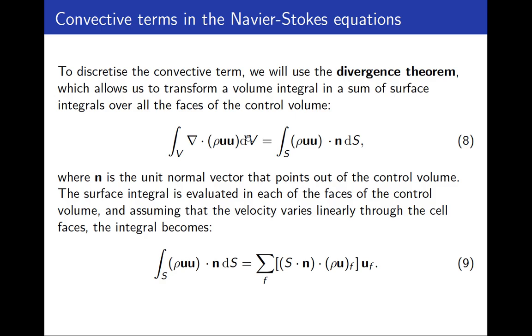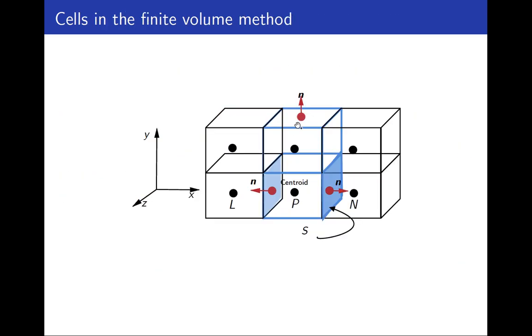And then if you sum that quantity over your control volume, you obtain the total momentum that is being transported by convection. And that has to be equal to this surface integral, which is just the convective flux of momentum that goes through all the faces of your control volume.